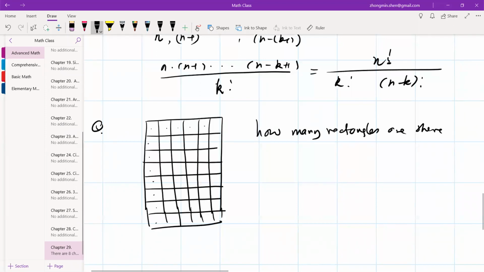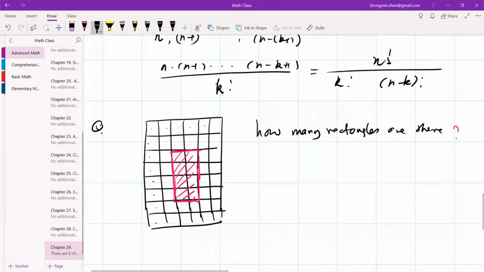A rectangle means, let me show you, for example, this is a rectangle we're talking about. So how many rectangles of different sizes? How do we count them?